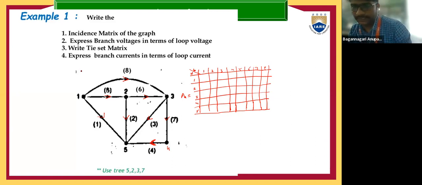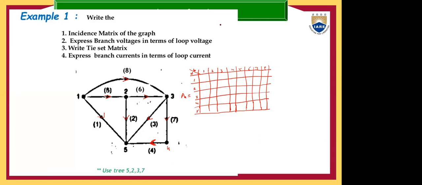What will be the values in the first column? 1, 5, 8 will be positive. Remaining all are 0.